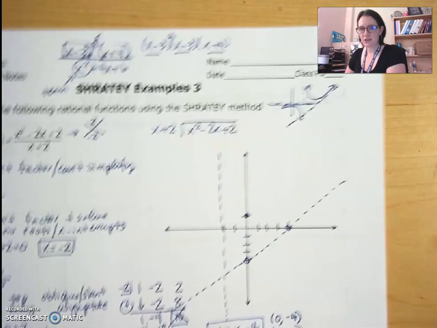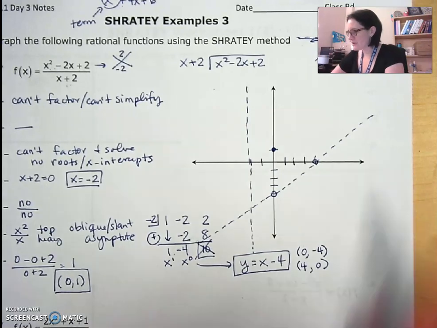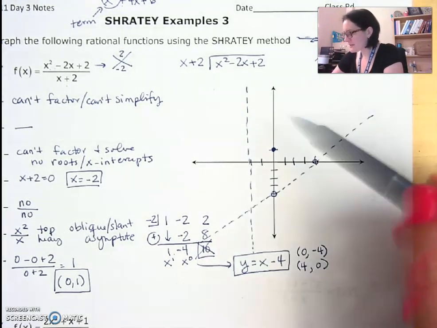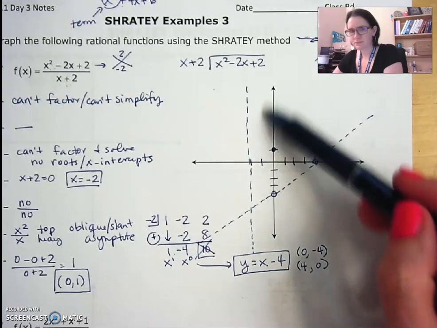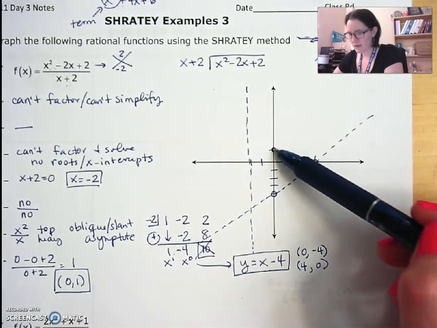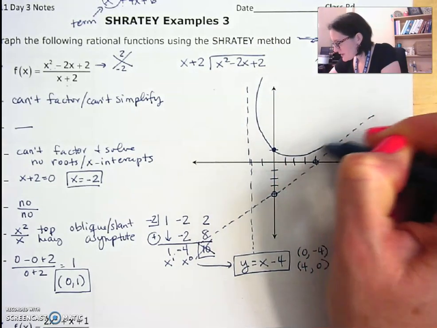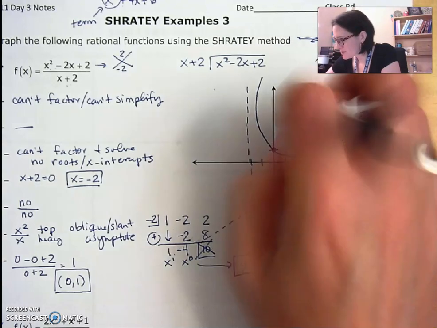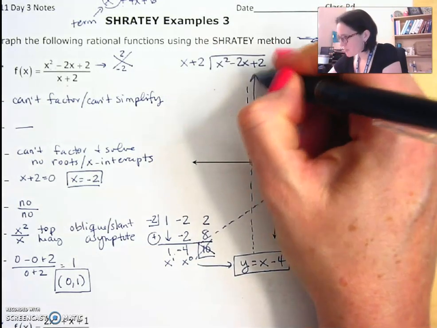And remember, we're just sketching. We're not going to overthink this. We don't have to be super particular. I know that my basic shape here is going to be that curved shape in here. And I know it has to go through my y-intercept. So I'm just going to curve it here. If I was trying to be very particular, I would do some test points to get a better shape, but this is good enough for our purposes right now.